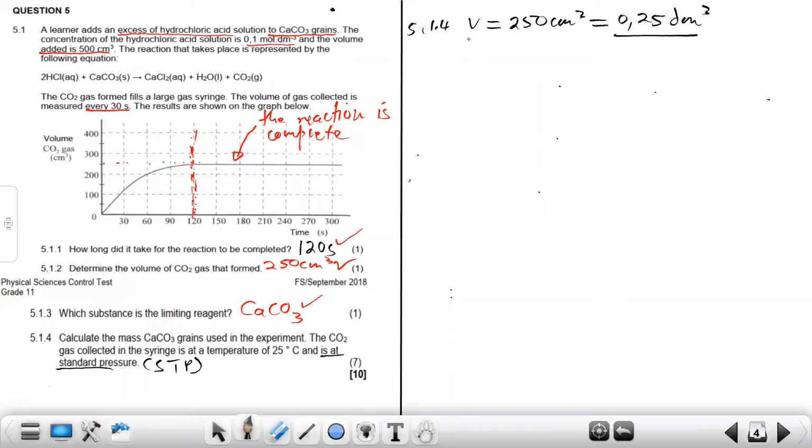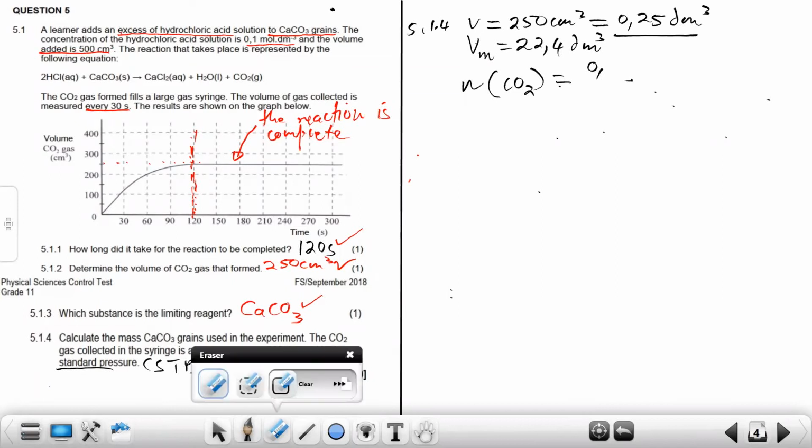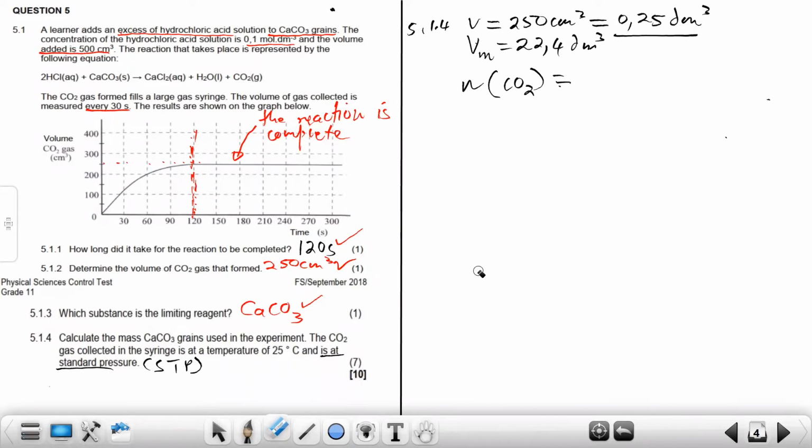What else do I know about the STP volume? I know that the molar volume is 22.4 decimeter cubed. Then I can find the moles of the gas, which is carbon dioxide. Let me write the formula first.